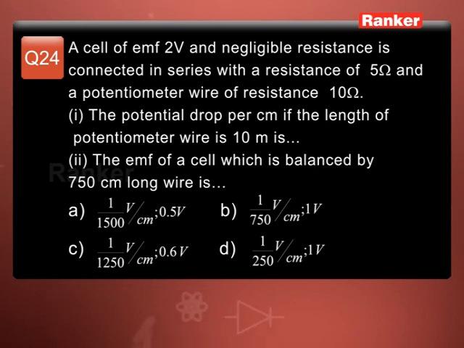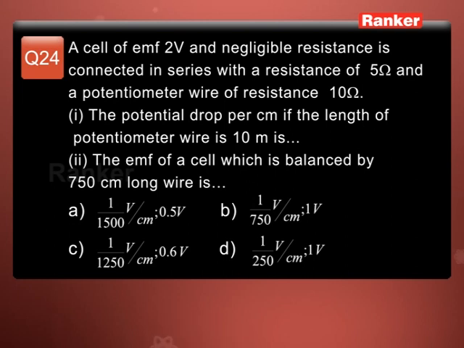First, the potential drop per centimeter if the length of the potentiometer wire is 10 meter is how much? The second bit is the EMF of a cell which is balanced by 750 centimeter long wire is how much?